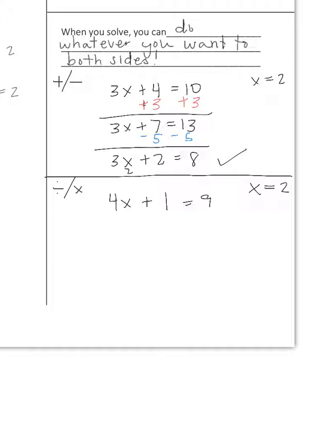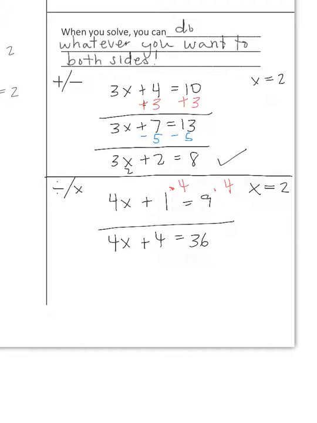Now, if I'm going to multiply on both sides, let's start off by doing it. I've seen in the past people do this. I'm going to multiply by 4, so I'll do it there. I'm putting a dot, and there. I'm multiplying both sides by 4. And the result that I get is 4x plus 4 equals 36. Well, let's check. Is the answer still 2?